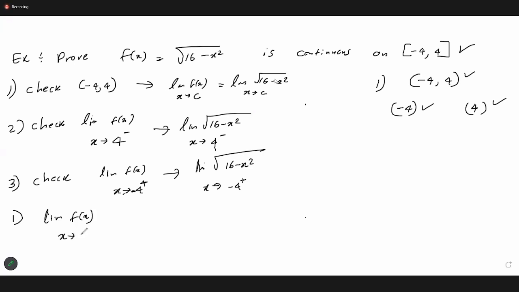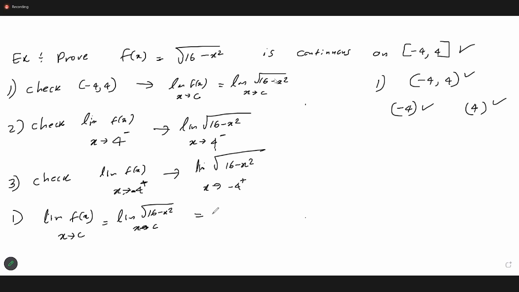I will write a general term, when x approaches c. So the limit of f(x) means the square root of 16 minus x squared when x approaches c. Okay, now I will hand this over to you. What is the limit of the square root of 16 minus x squared when x approaches c?